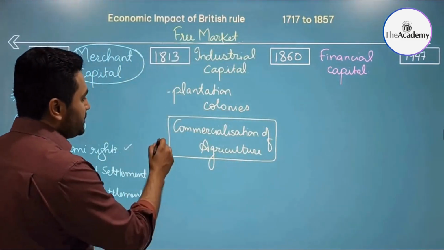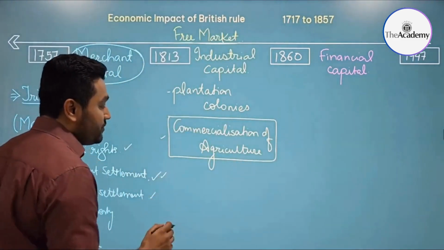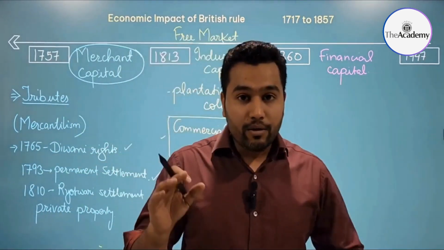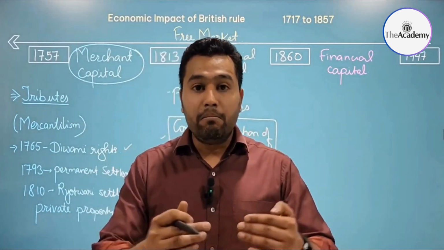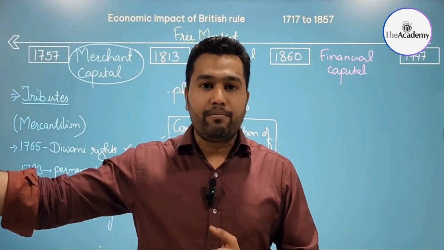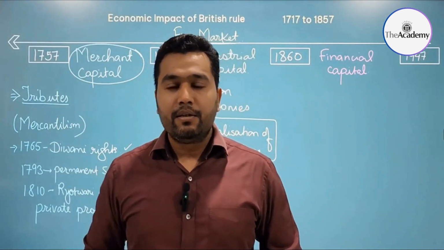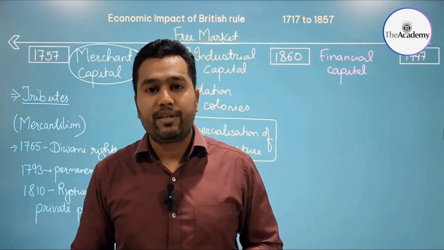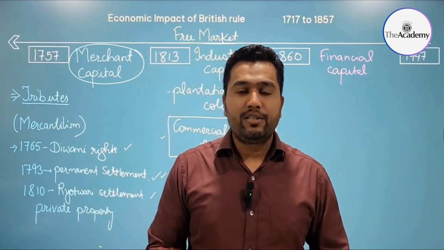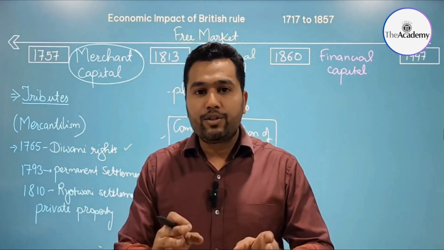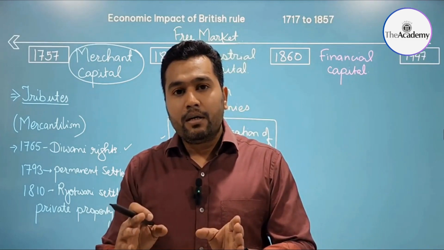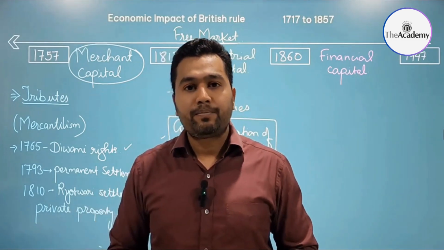In the second stage, after commercialization of agriculture, we saw that the British also wanted a market for the finished goods which were being manufactured in England. For example, the Lancashire manufacturing companies and industries all wanted their finished goods to be absorbed in markets.